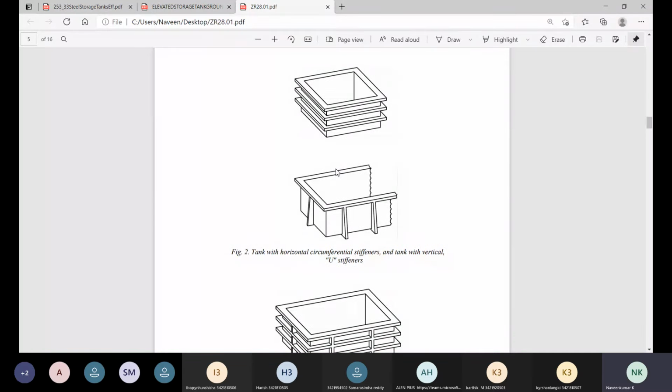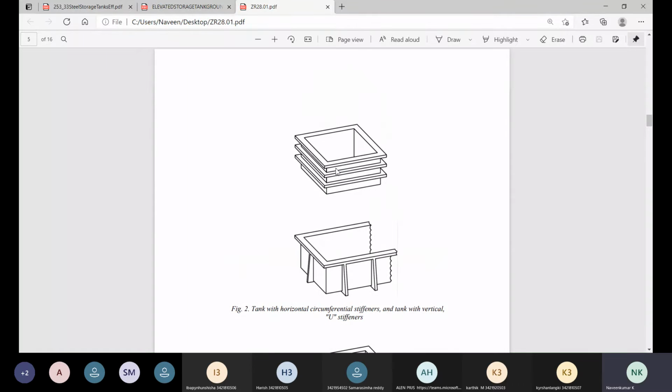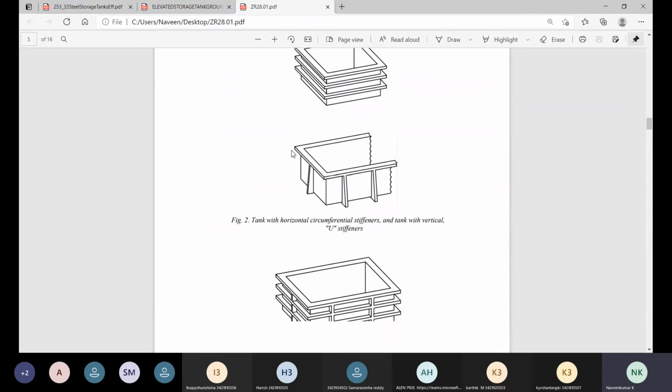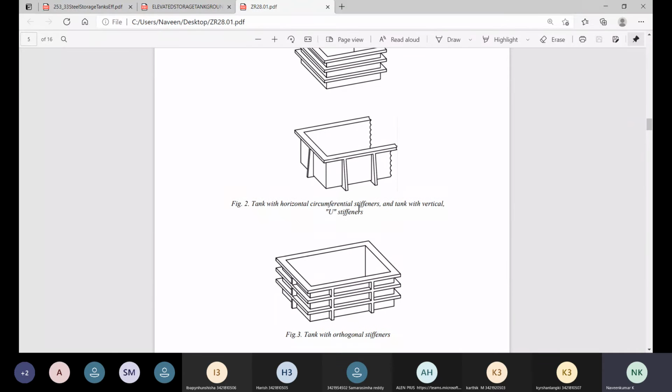The spacing between the stiffeners, and whether you need horizontal or vertical stiffeners, depends on the liquid load as well as the dimension. Okay, so if you see here, in the first case the dimension is smaller. As the dimension increases, not only that, the liquid load also will increase.